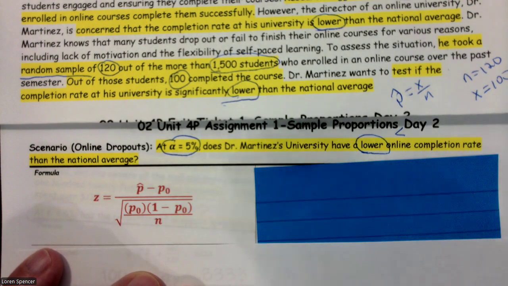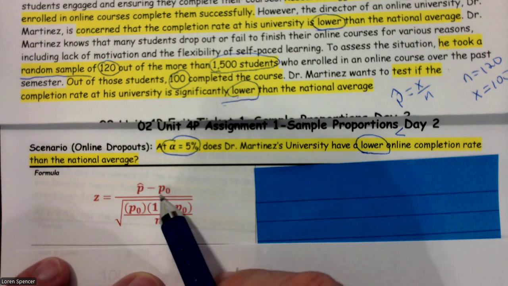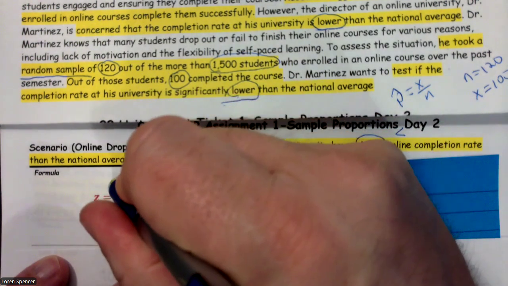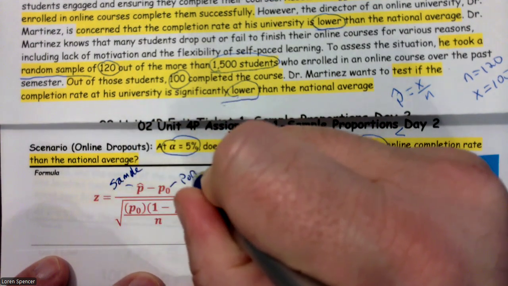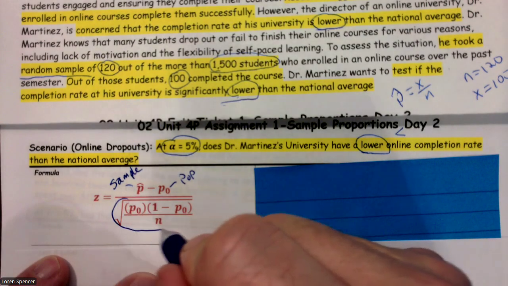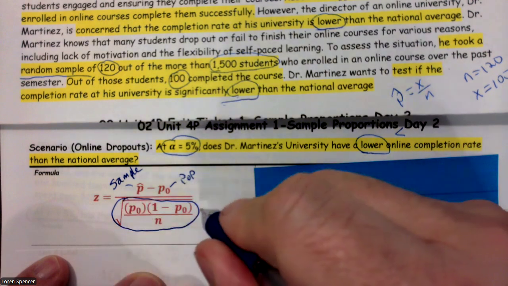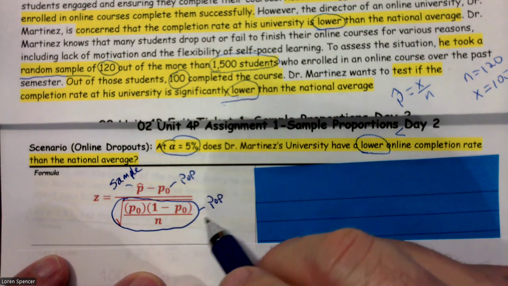Well, you can already see there's our formula, which is our sample proportion minus our population. Please don't forget, this is a sample and this is the population. Also, when you run a hypothesis test, the standard deviation will be based on the population. So this will always be based on the population, not on p hat.